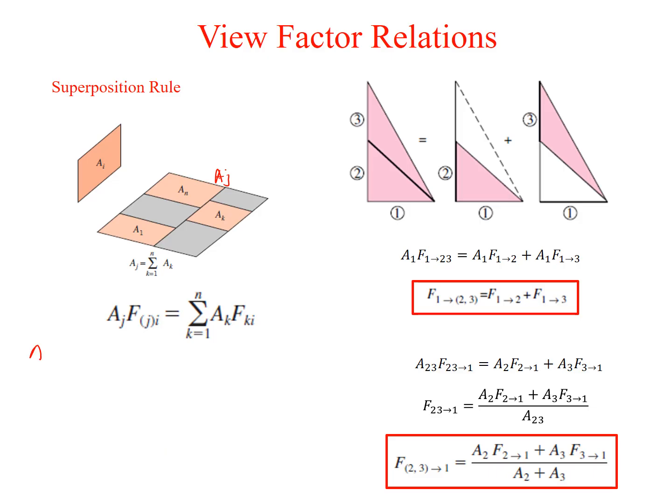I can say that AJ FJI is equal to, break the AJ into all these little areas, and then write this: area 1 times F1I plus area 2 times F2I plus dot dot dot plus area K times FKI plus dot dot dot all the way to area N times FNI.